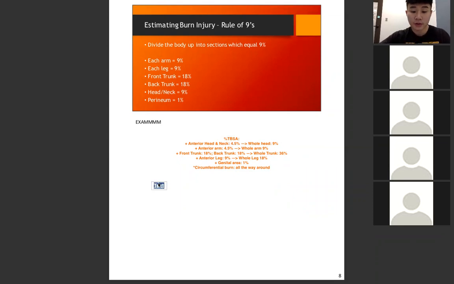If the patient experienced burns, circumferential right arm, anterior left leg, front trunk.